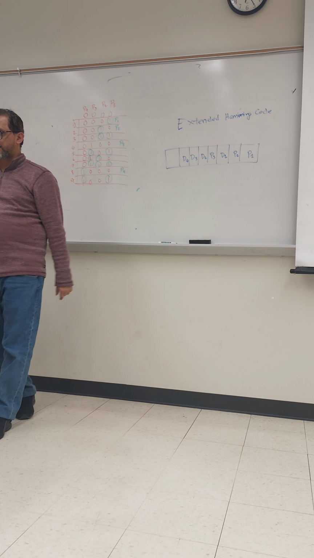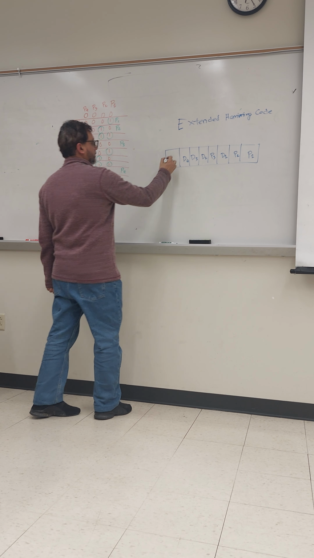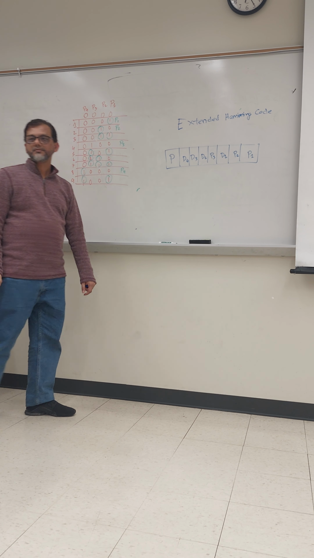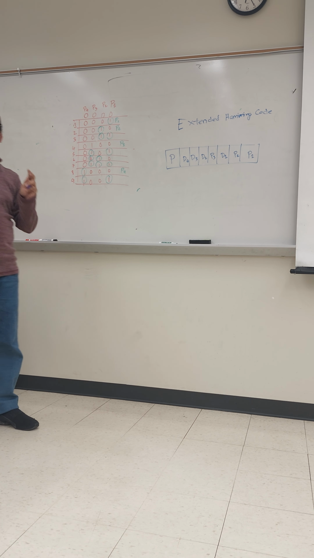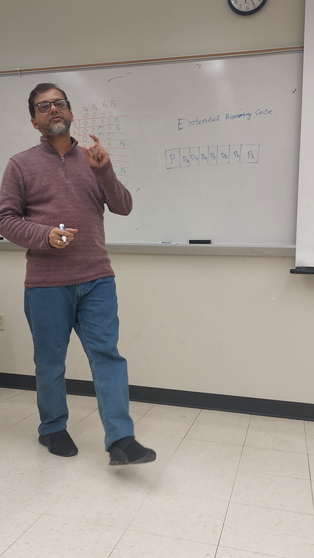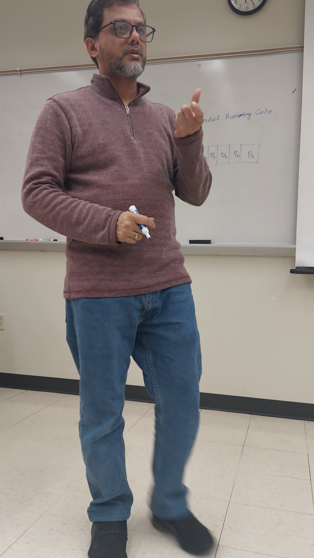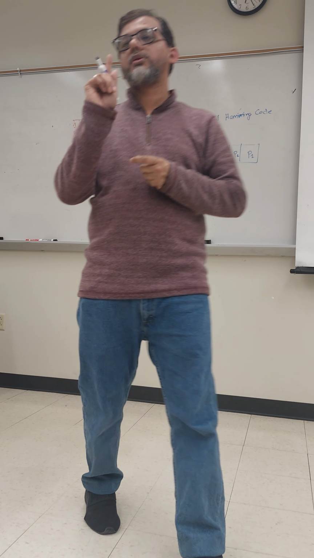Now they will add another bit, the extended parity bit P. This extended Hamming code can detect 2 bits of error, but it can correct only 1. It can say that bit position 7 and bit position 5 have been flipped, but it can correct only 1 bit.